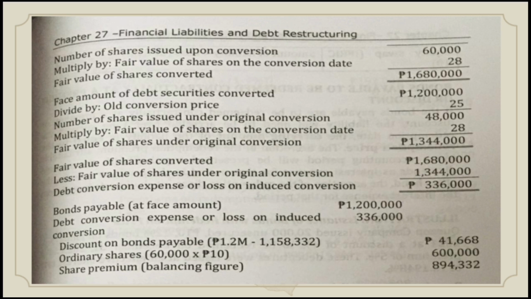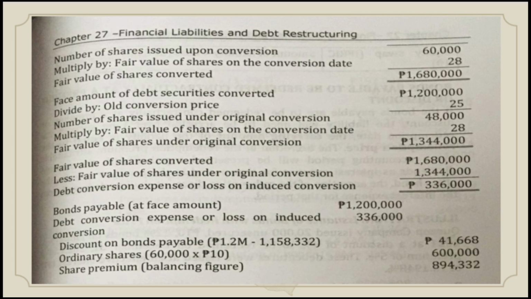And the next atong kuhaon is ang fair value of shares under the original conversion. So, para makuha nato ni, ang face amount sa debt securities nga gi-convert ato siyang i-divide sa old conversion price. Instead sa new conversion price, ato siyang i-divide sa old conversion price. So, ang 1,200,000 pesos ato siyang i-divide sa 25 because mao ni ang conversion price sa January 1, 2020.